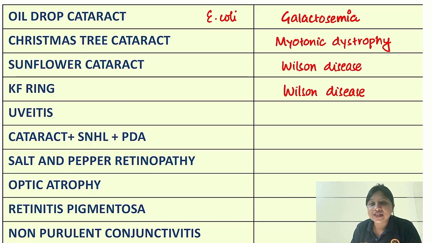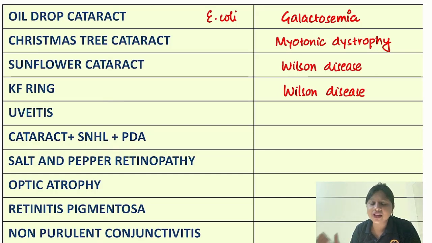Now, if you find KF ring in a child, it is mostly associated with neuro-Wilson, that is neurological manifestations of Wilson disease. A child coming to you with choreoathetoid movements and you're suspecting Wilson, then you must look for KF ring, because in 90 to 95% of cases with neurological manifestations of Wilson disease, we will have KF ring.